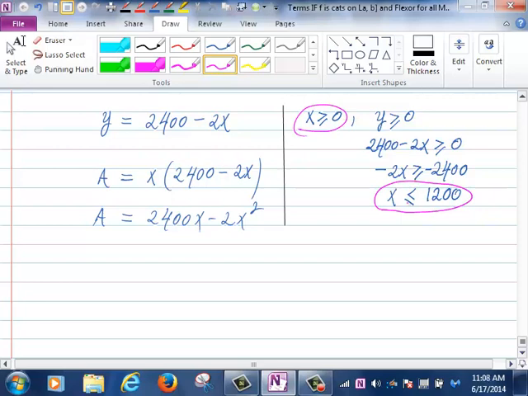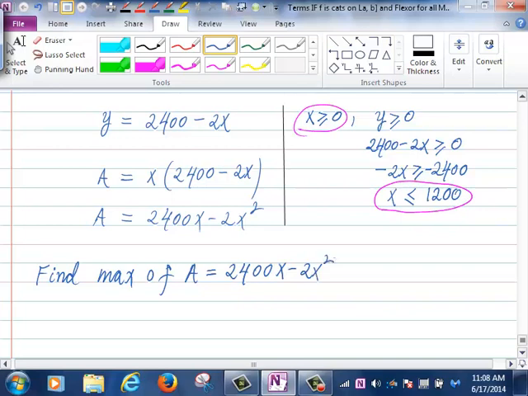So then I see that I have to find the maximum of A, which is 2,400x minus 2x squared, for x between 0 and 1,200.